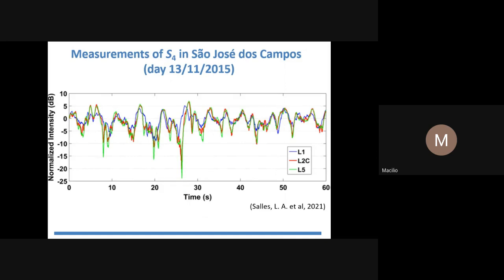We can observe that for L5, on average, the scintillation is stronger than the rest, because the L5 frequency is lower than all. On the other hand, the L1 is less susceptible.